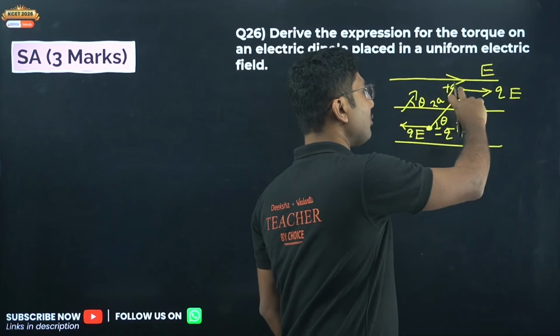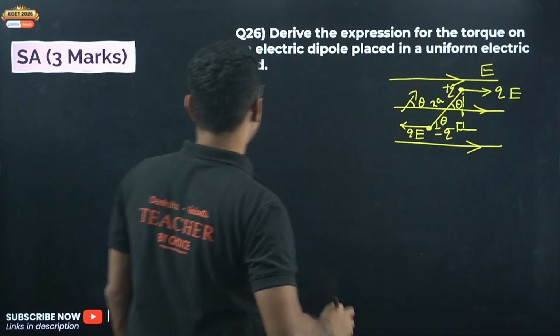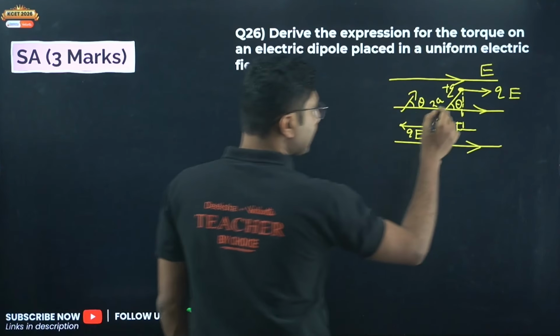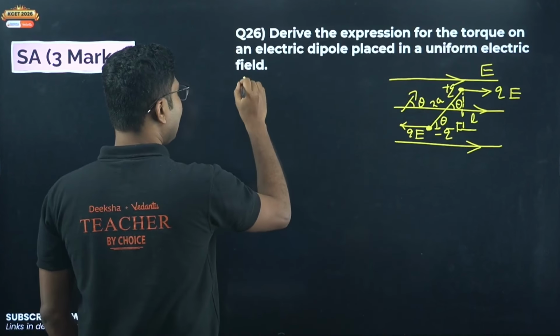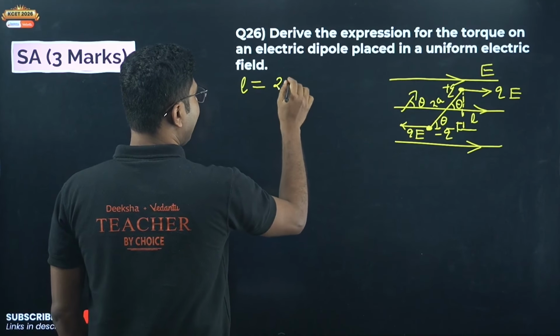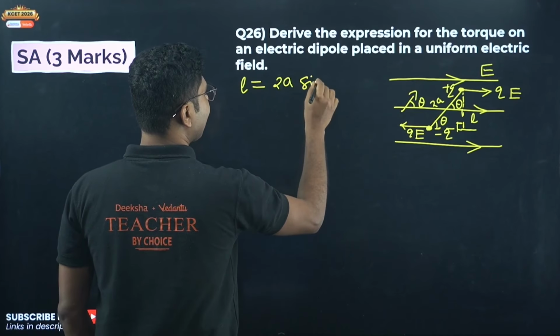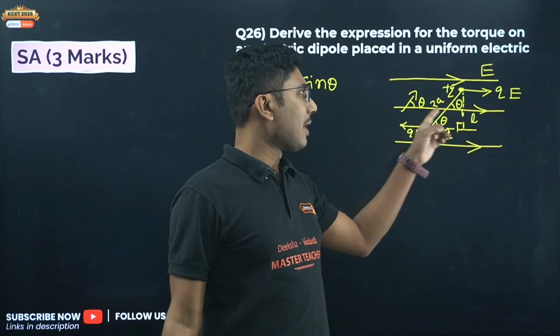What is the value of the perpendicular? The perpendicular is given by this distance, say L. So the value of L is given by 2a sine theta. Sine theta is equal to L by 2a.